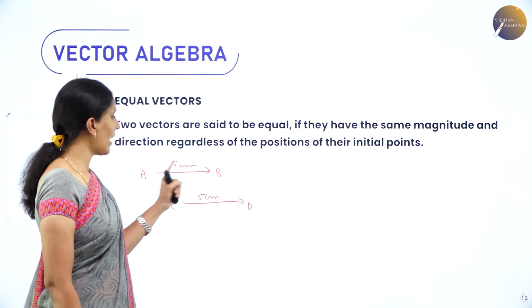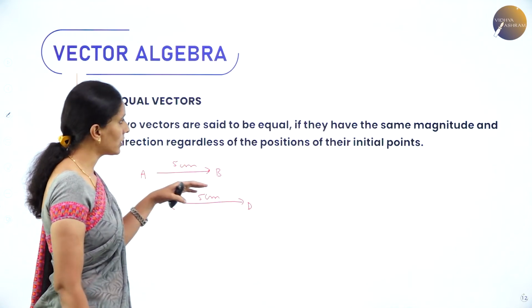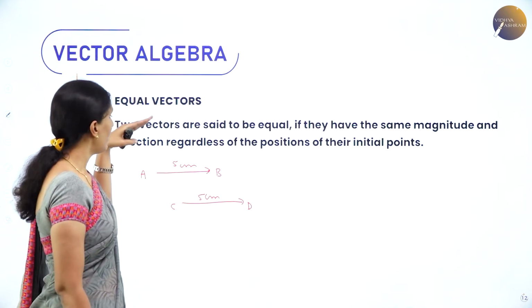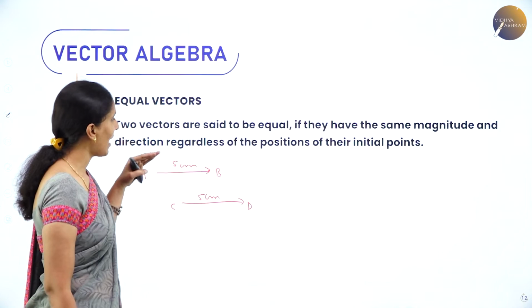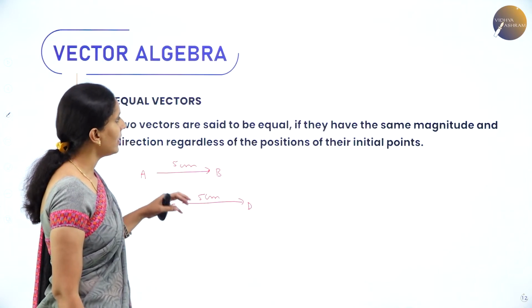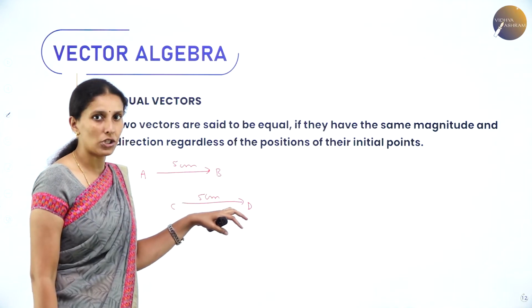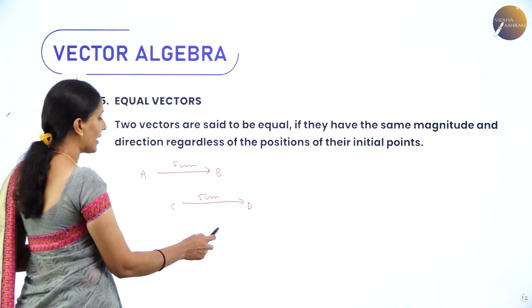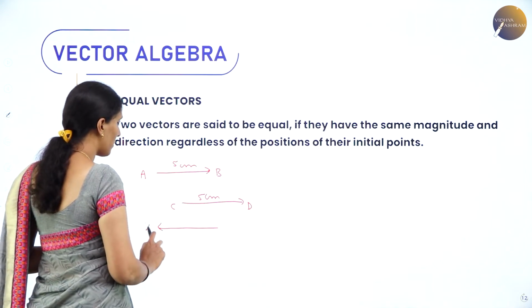Here you can see we have two vectors AB and CD with 5 centimeter along the same direction. Hence, two vectors are said to be equal when they have the same magnitude and direction regardless of the position of their initial point.